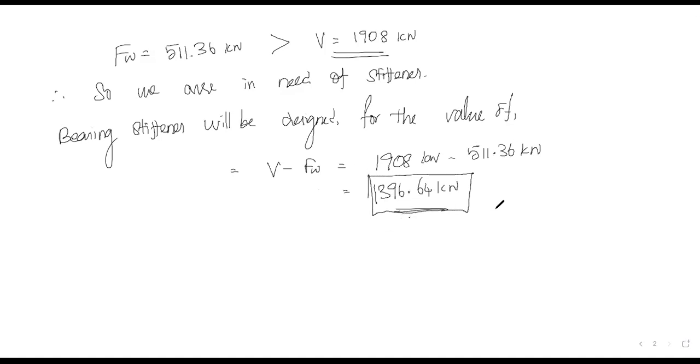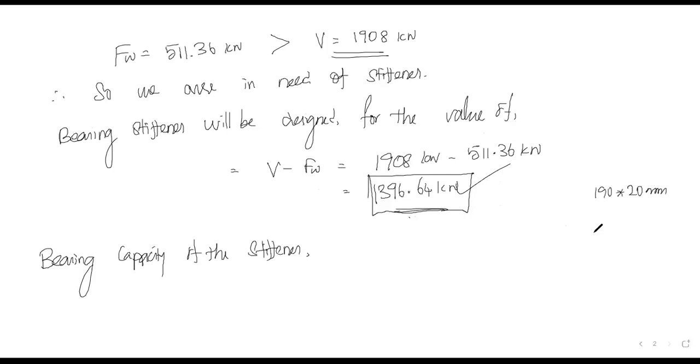Now I am going to check whether the stiffener I have chosen is safe to transmit this force or not. First, the bearing capacity of the stiffener alone. Our stiffener is 190 by 20 mm.